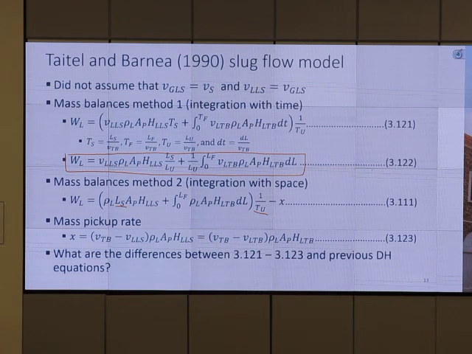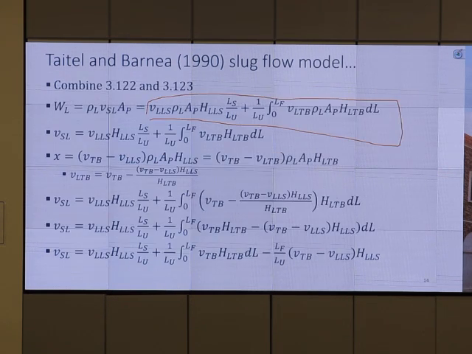Alright. So that equation, I copy it here and rearrange it. So WL is rho L vs LAP, right? That's WL. Move these two to the other side, so it cancels with this, cancels with that. We get this equation.